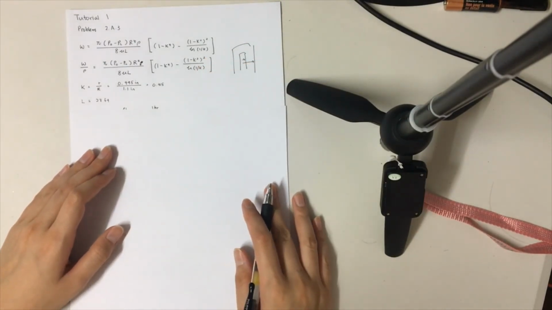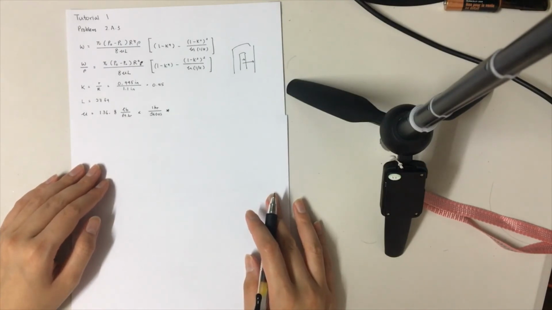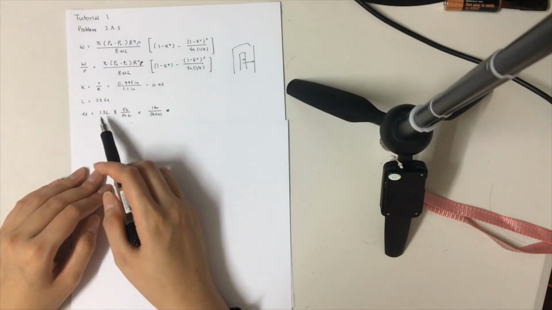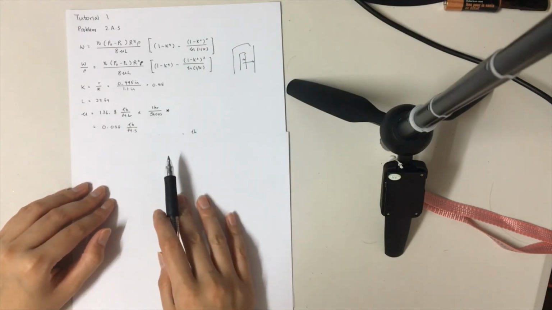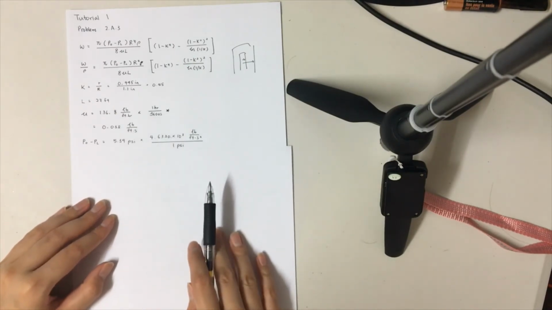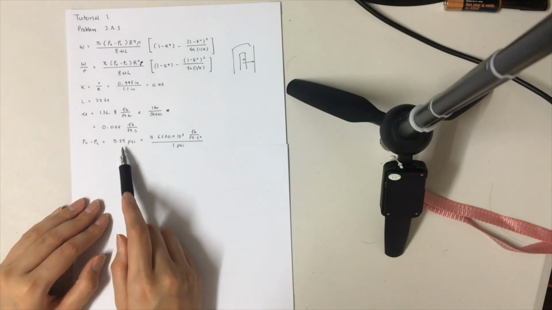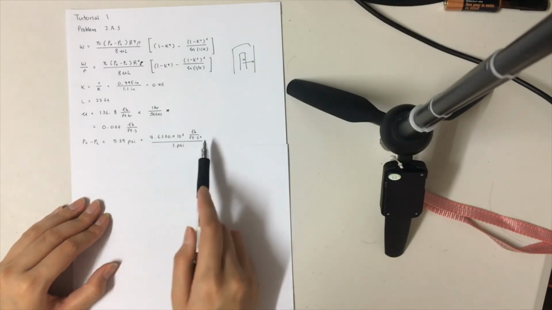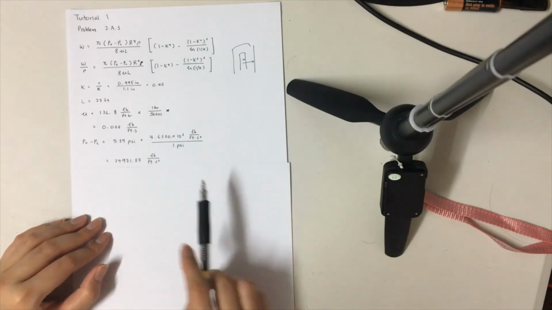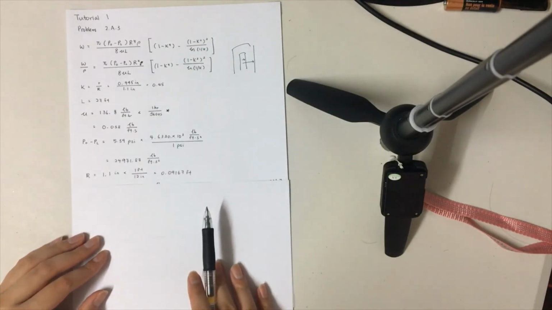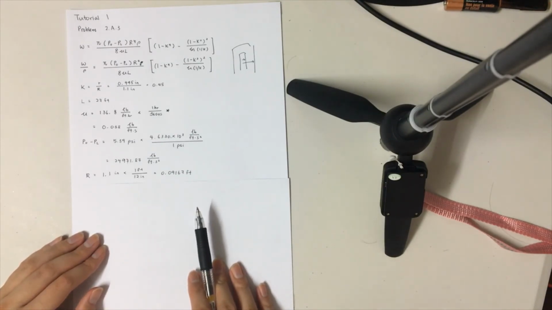So your length is 27 feet. Your viscosity is this, which was given, and then we change it to per second. The pressure difference is in psi, so we will change the unit to pound per feet second square. And the outer radius, which is in inch, we will convert it to feet.